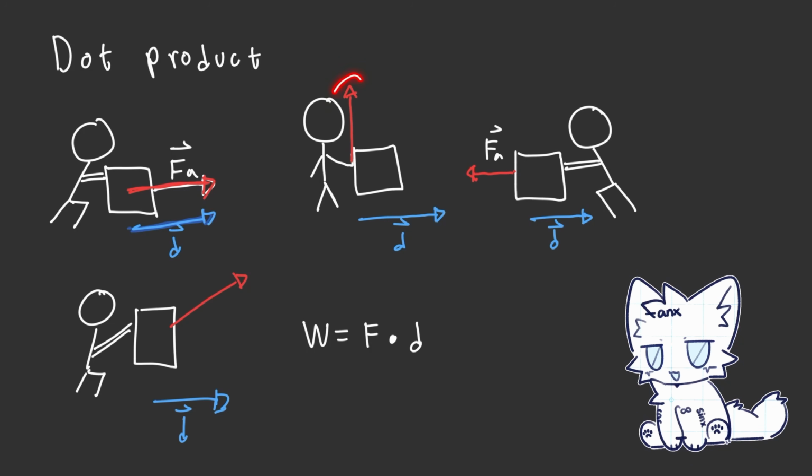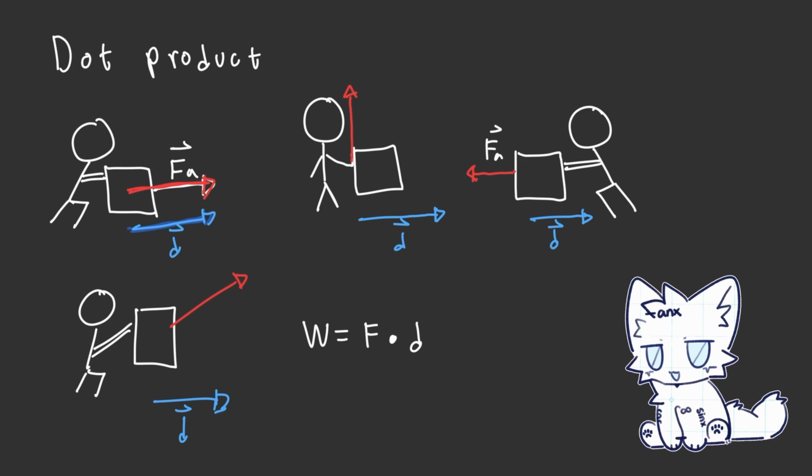If you put them perpendicular to each other, this causes no work because there is a force, but they completely disagree with each other. And then if you push it negative, then you get negative work. If you push at an angle, you get less than if you had pushed it parallel.